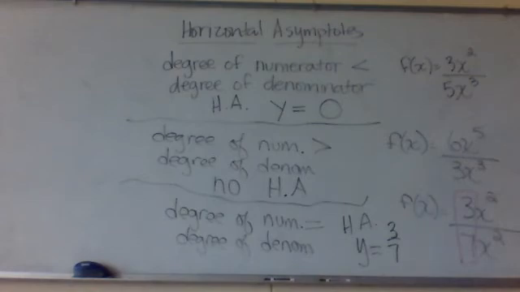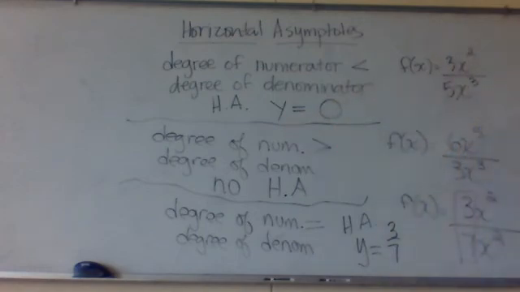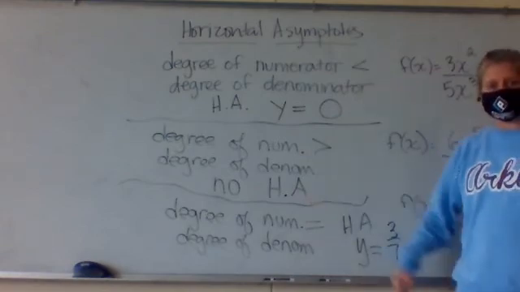So again, 3 options. The degree of the numerator is either less than the degree of the denominator, like this one, which means it's automatically at y equals 0. If the degree of the numerator is greater than the degree of the denominator, like this one, there is no horizontal asymptote.